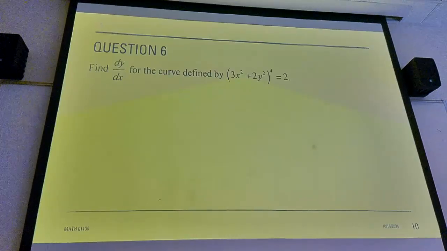This was actually not terrible. d/dx, left-hand side. For the parentheses, the function inside of there.